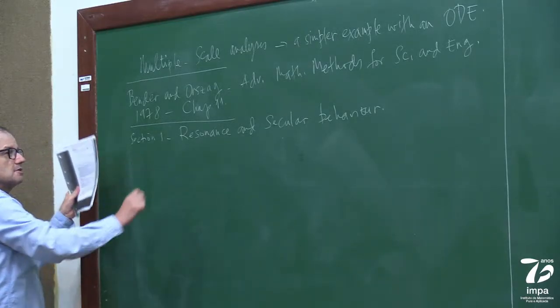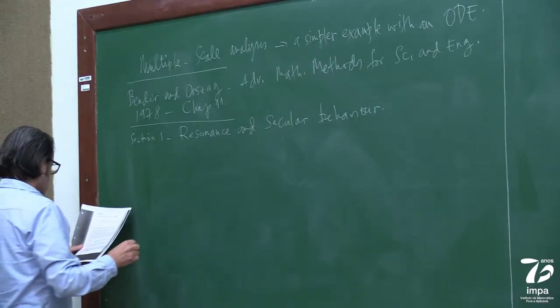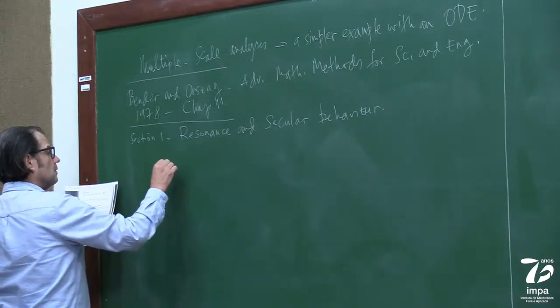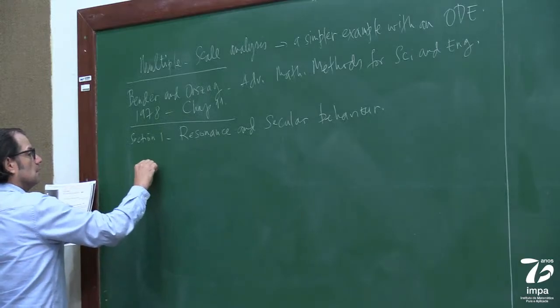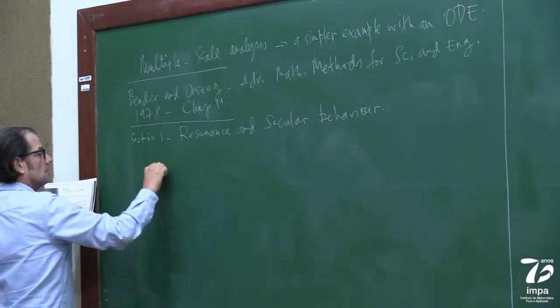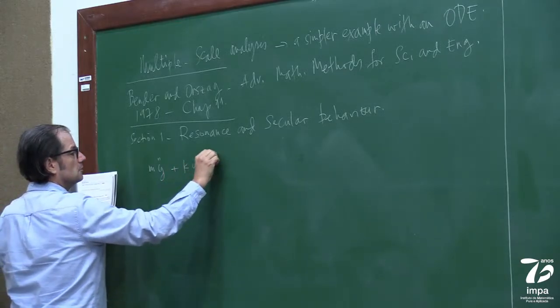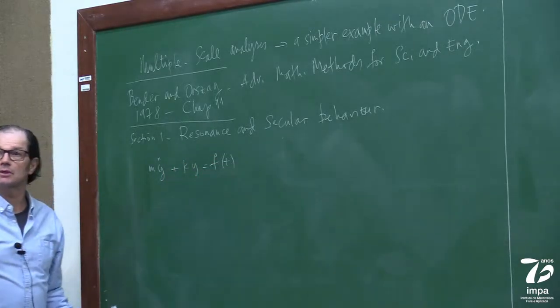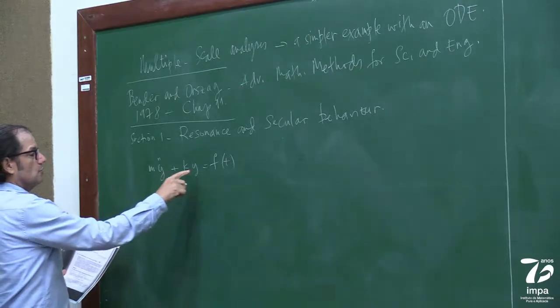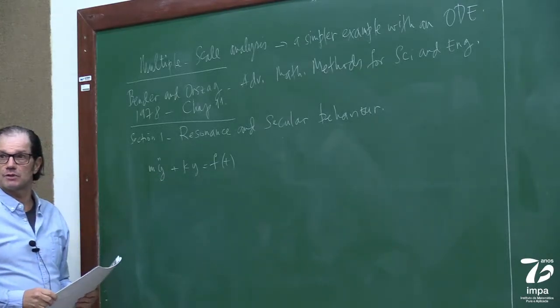Okay, so look at this. I'm going to do a summary of what's in the book. So if we look at this equation, which is the harmonic oscillator, just to remind you, I'm going to remind some things from ODEs. We know that this guy here has a natural frequency, right?